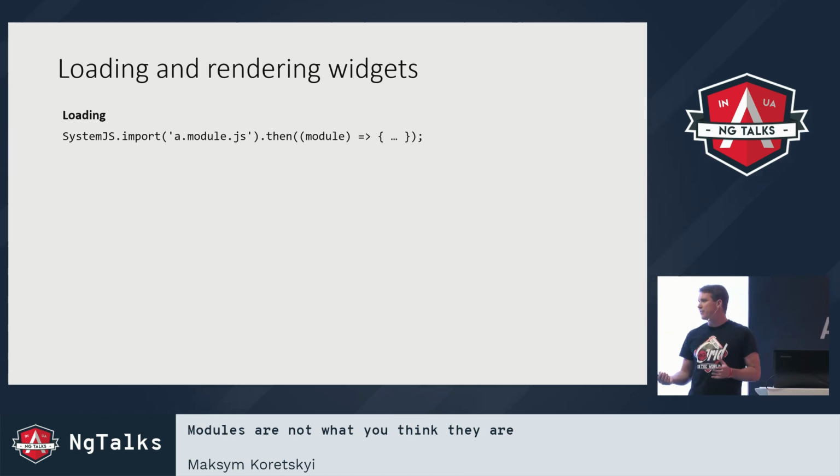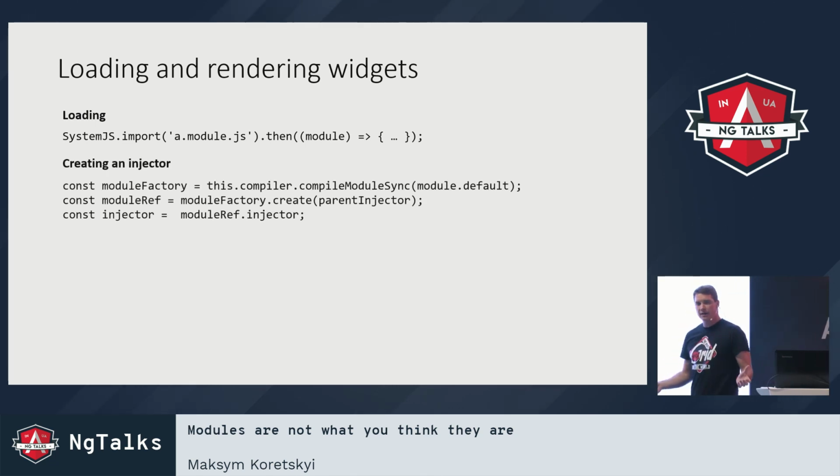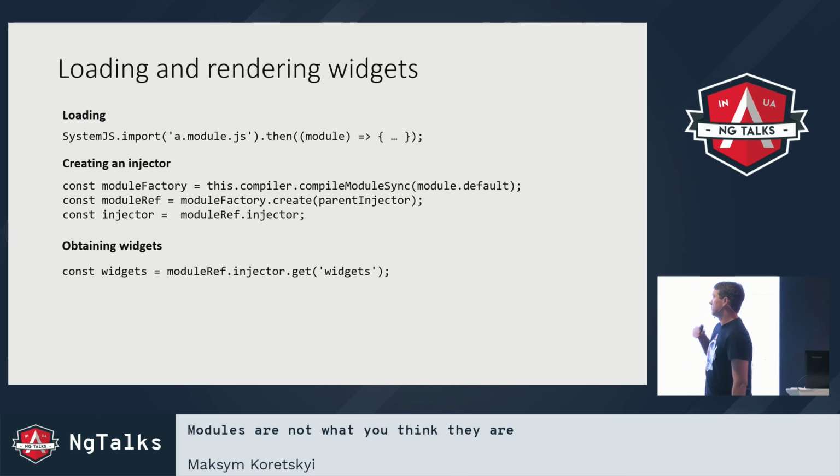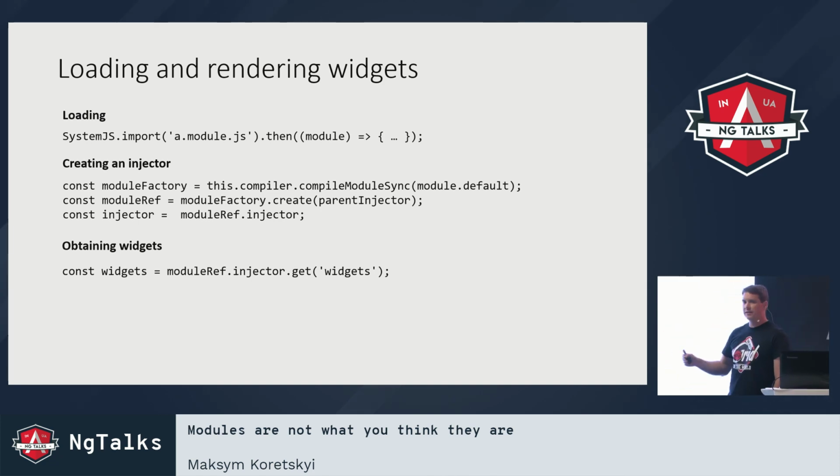I've loaded this JavaScript class, this module. So then I compile it, get a factory, and create an instance of an injector. Now you know what? We are going to get our widgets using the same token, exactly the same token that these developers used to register these widgets.